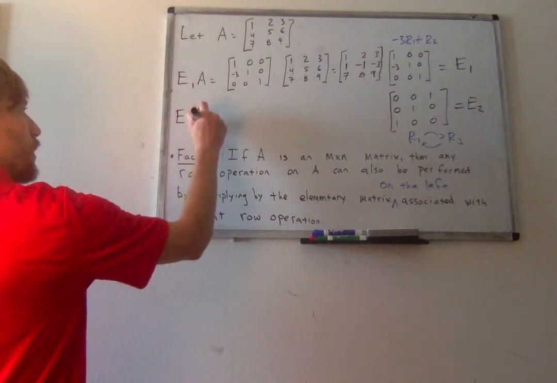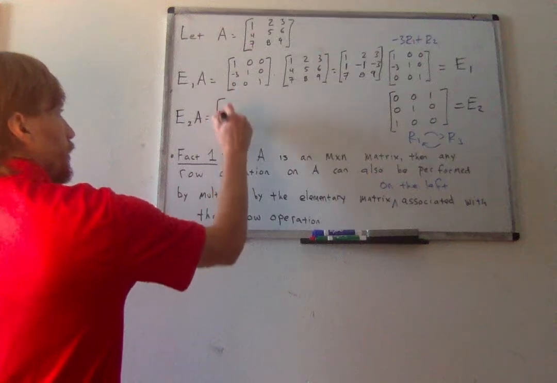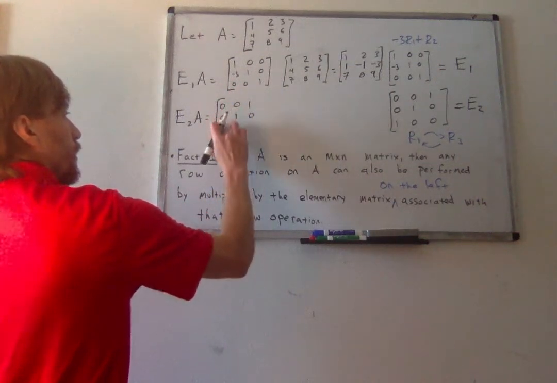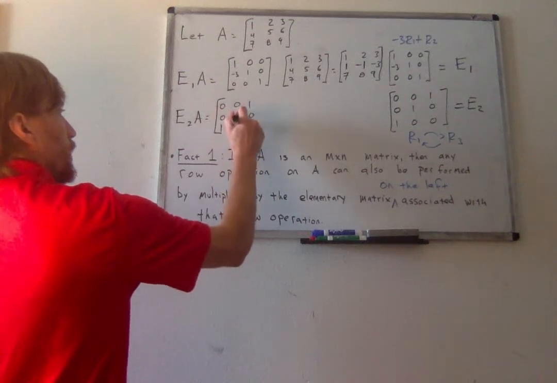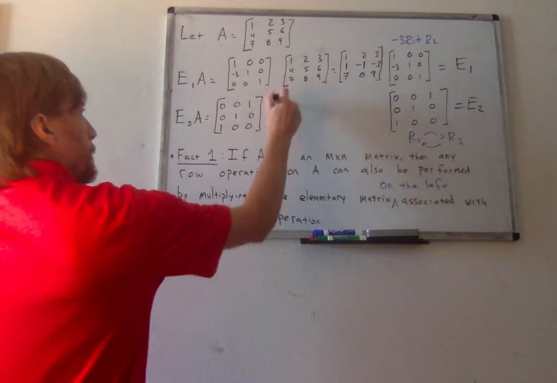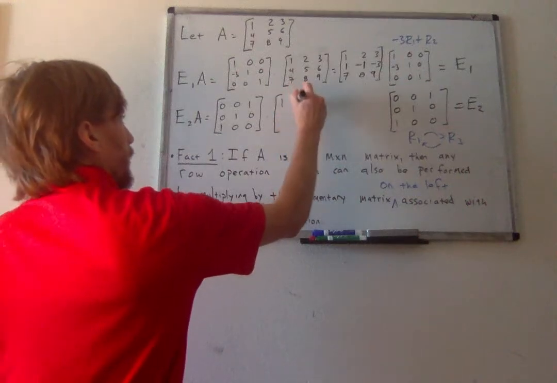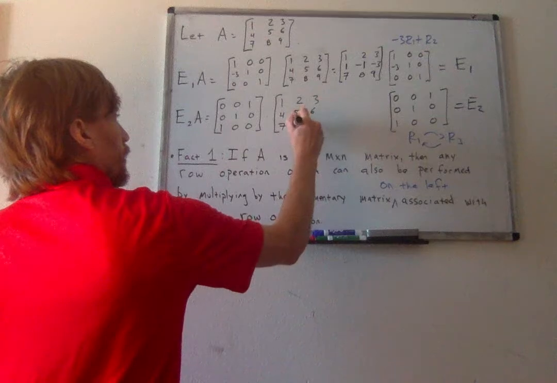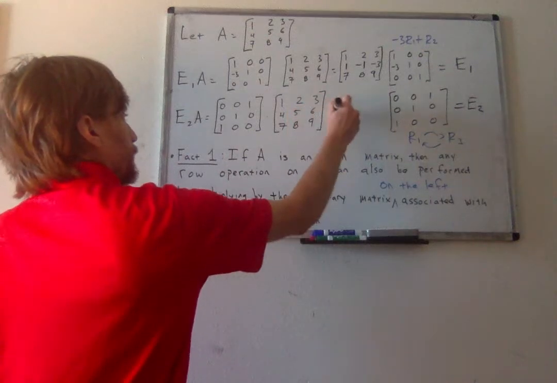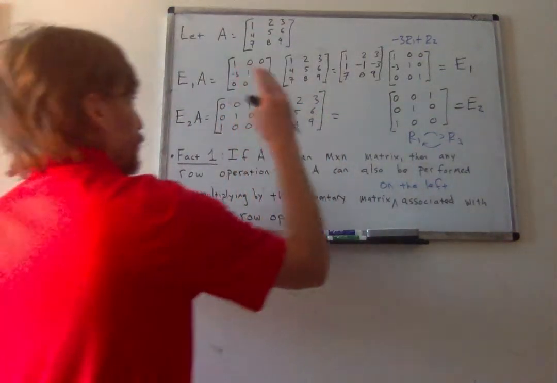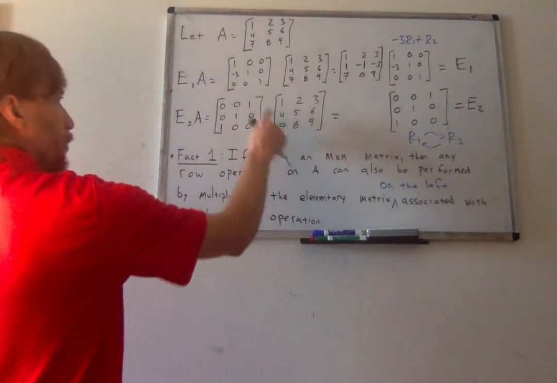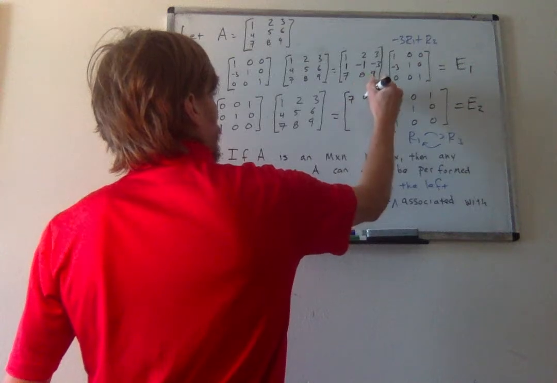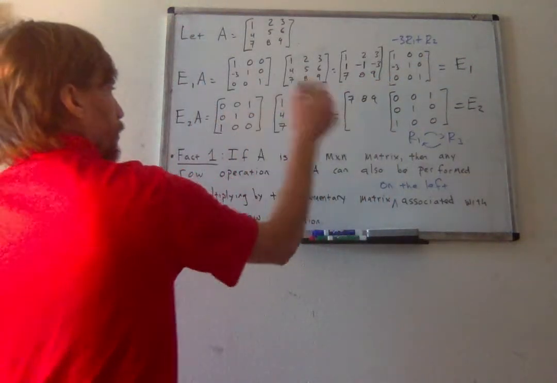So let's look at it for one more, just for the fun of it. So notice what's going to happen here when we multiply this matrix by A. This time, when I go across the first row, this first row of E2 is going to match up with the third row of A. Second row is going to stay fixed.